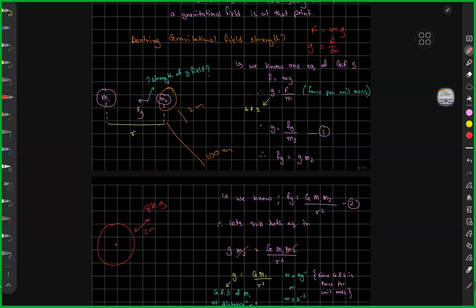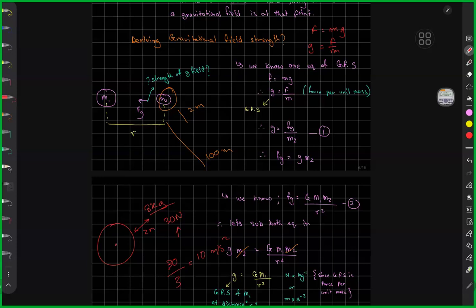How do we do that? If the force on the 3 kg object is 30 Newton, the gravitational field strength at this point must be 30 divided by 3, 10 meters per second square. This is the gravitational field strength at 2 meters away from Earth's surface.